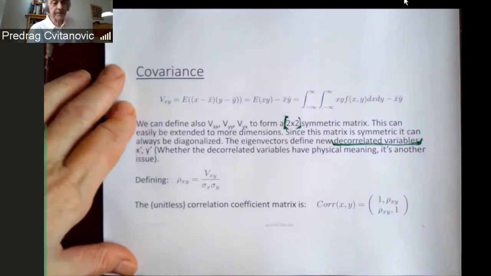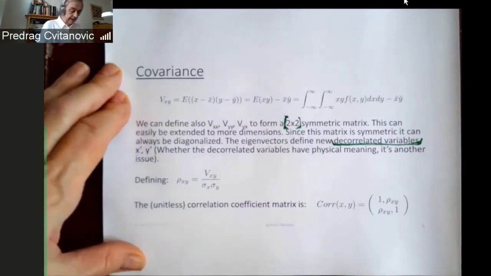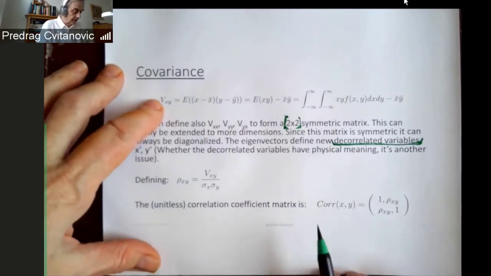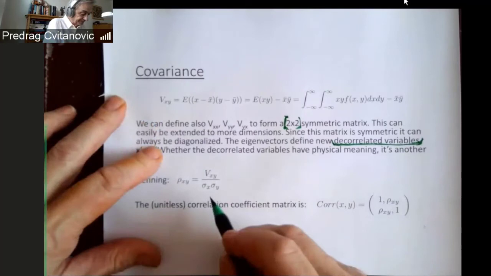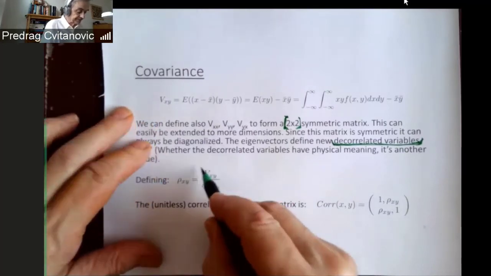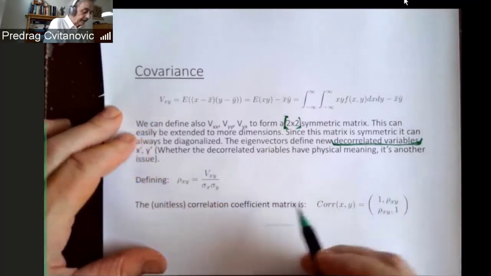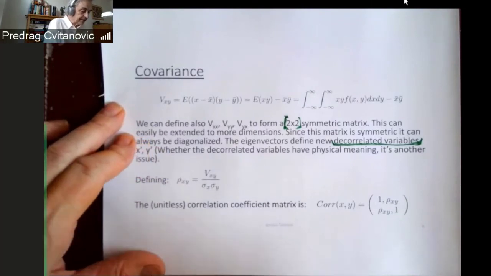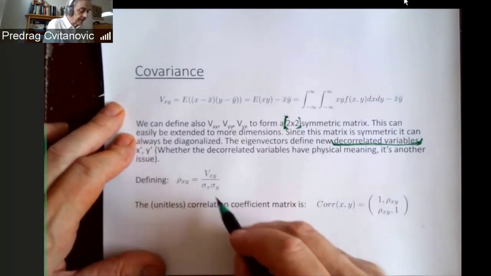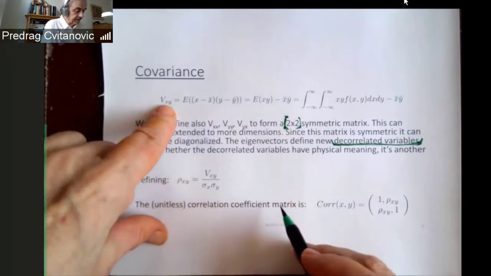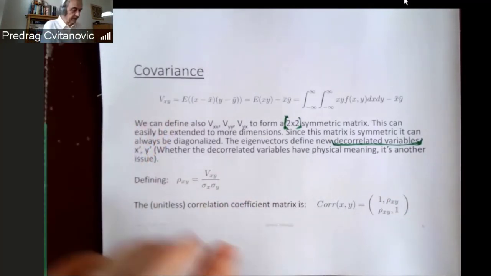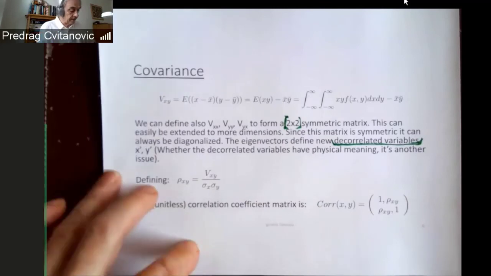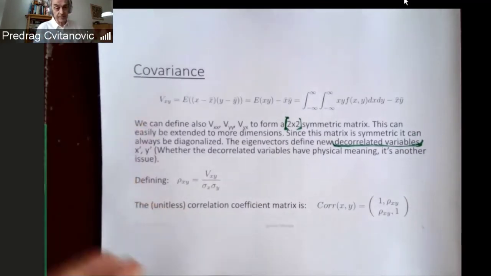So then what people do, and it's slightly iffy in my opinion, but that's what they do, is they define a unitless correlation coefficient by taking this matrix and dividing it by standard deviations along X and Y. This you can do from experimental measurements.